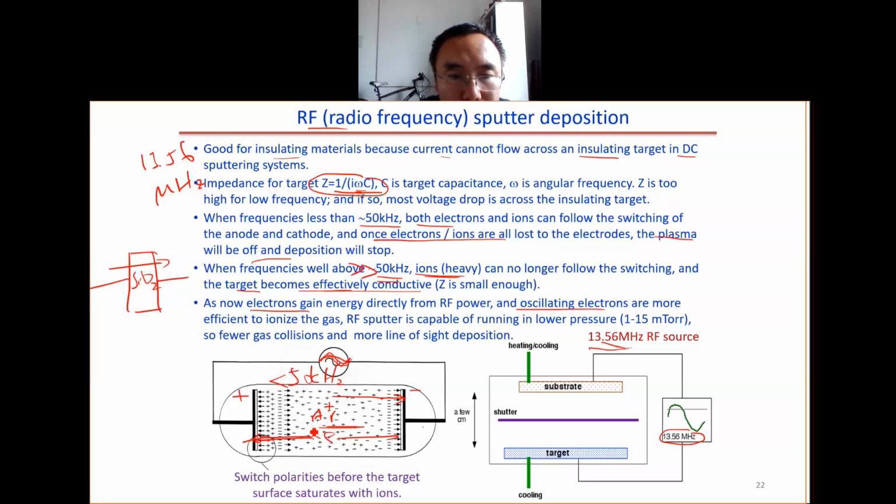Electrons move back and forth, which is more efficient than moving one way, to ionize the gas molecules. As a result, RF sputtering is more efficient than DC sputtering. So we can run RF sputtering at lower pressure because of the more efficient ionization.